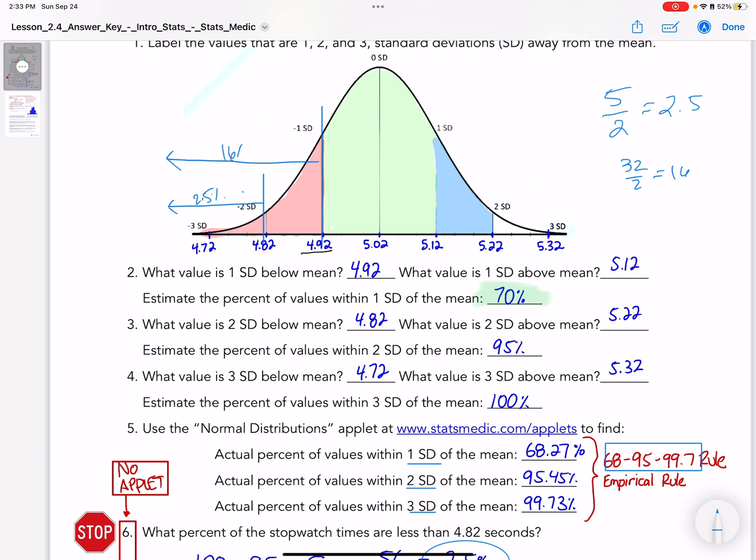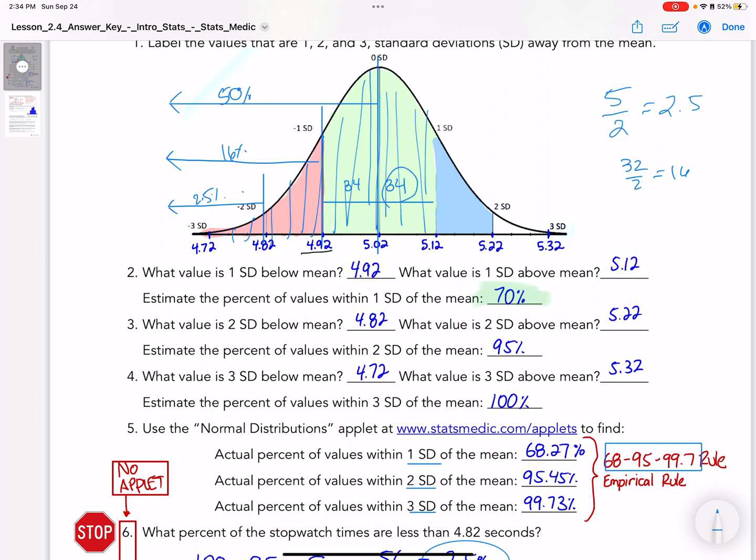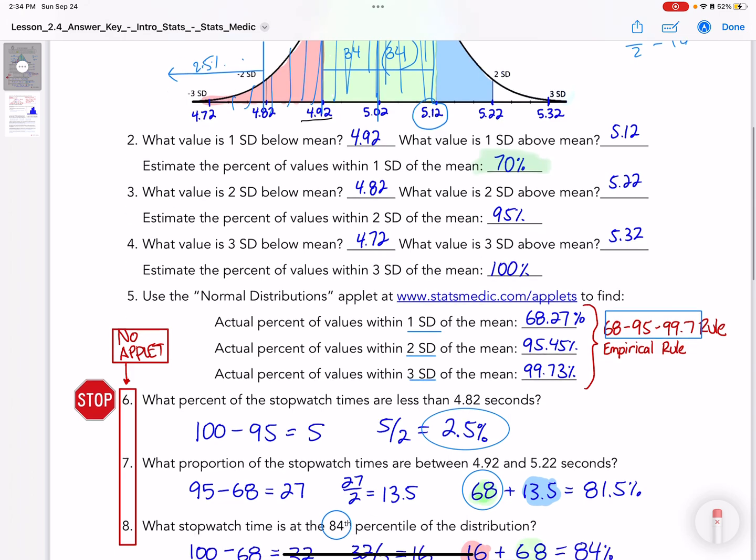But obviously we know this part here, that's even easier, that's half of the data. So that's 50%. And I need to keep going until I get to 84%. Well, I know that the middle here is 68%, so that means each side is 34. Well, if starting here is 50%, then I add 34 more, that's going to get me to 84, and my value is going to be right here. So 5.12 shows me that it's above 84% of the data.